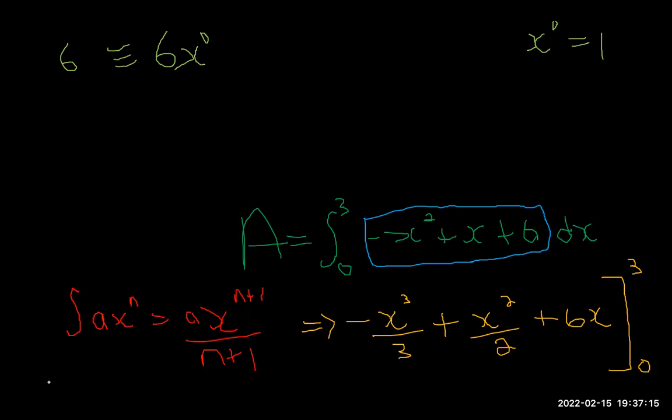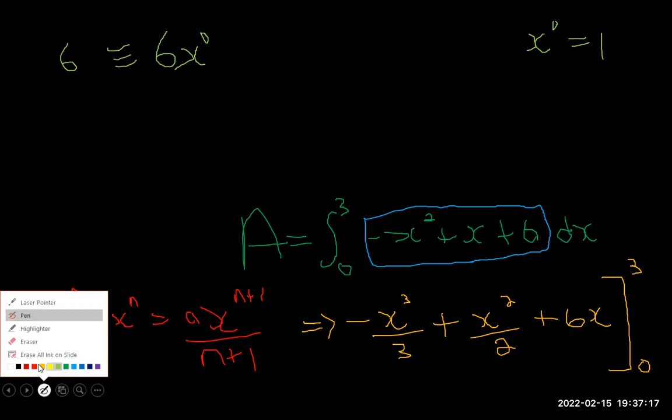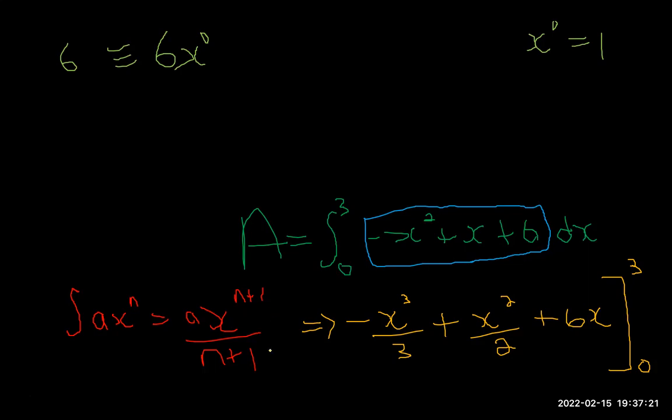And if I apply my basic rule of integration now, it says I need to add 1 to the power and then divide by this new power. So a is 6, x to the power of n plus 1, n is 0, and then the plus 1. All of this is going to be divided by n plus 1, which is 0 plus 1. 0 plus 1 is 1.